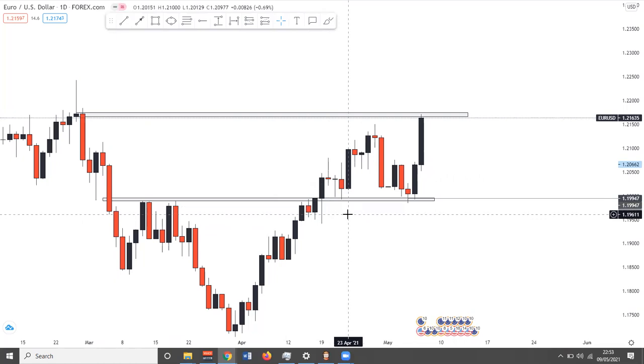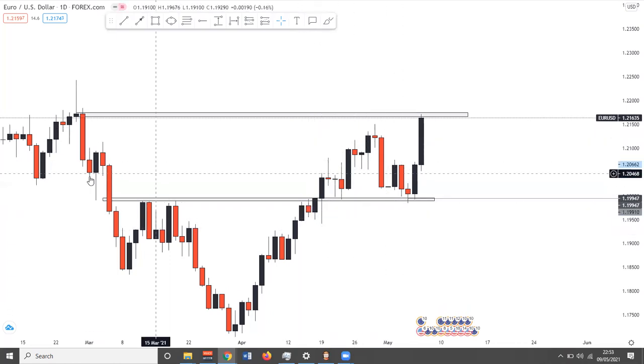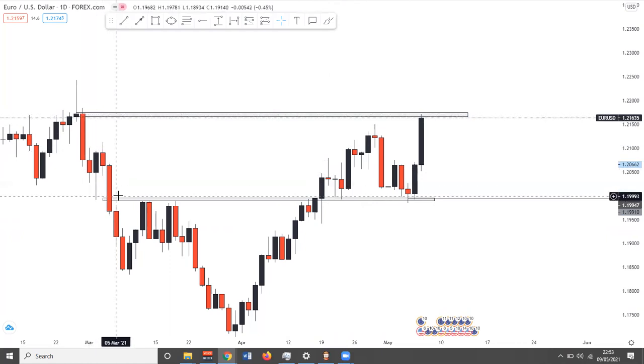So the question we're going to be asking ourselves is this: if we understand the intention of the marketplace, and we know that we are at a higher level of a longer range, which still points to price not being anywhere near going lower.